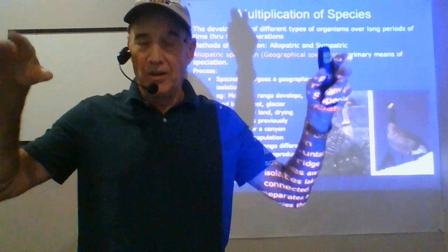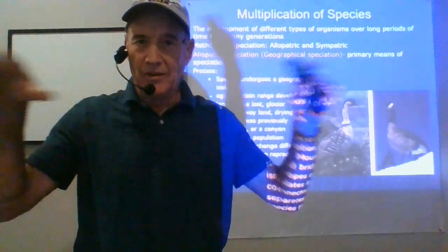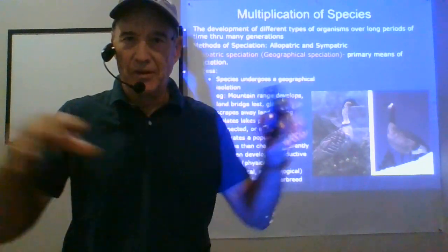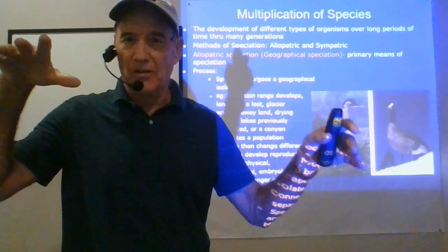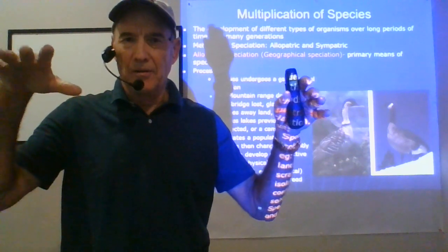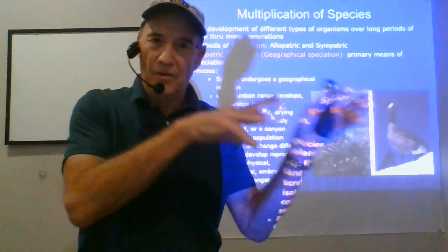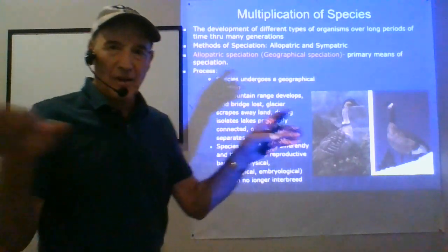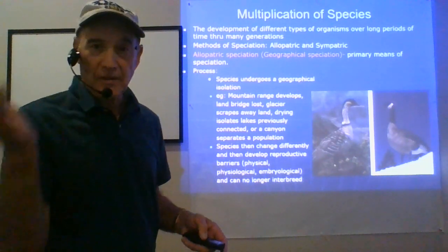If that happens long enough, they might even change enough that they can't reproduce with one another. So now they're considered 2 different species that came from one common species. Maybe these got bigger or something, and they can no longer physically mate with the other half of the species. And so now technically they're 2 different species.